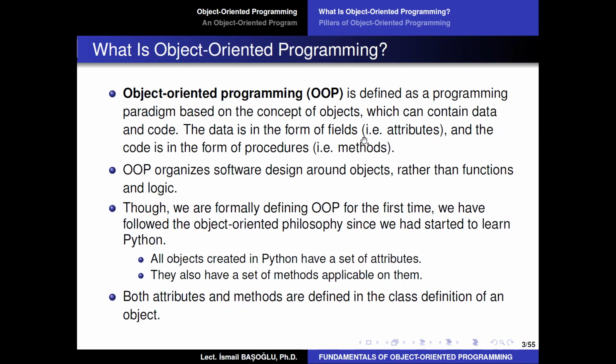Now the attributes on the objects will be recorded on the object itself. However, the methods which will be applicable to the object will be recorded in the class definition. Every time we create an object, we cannot also stick the method definitions on it, because we can create a very large number of different objects in our program.